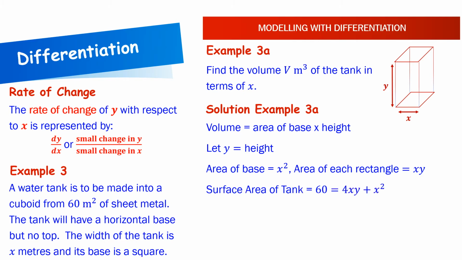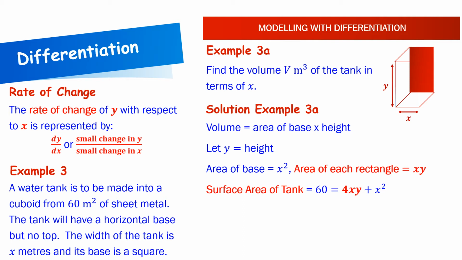We can also express the surface area of the tank in terms of the four sides on the side and the base. So here's the area of the base, which is x squared. And since the area of each rectangle on the sides is x times y, we have that the surface area of the tank is also composed of 4 of these side areas. So 4 times xy.